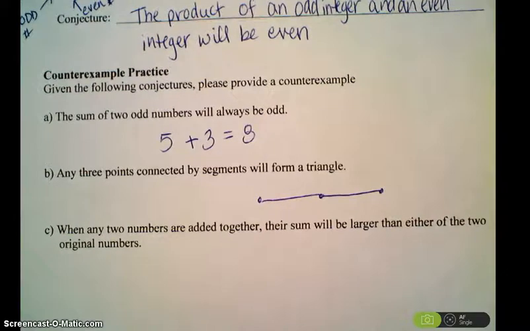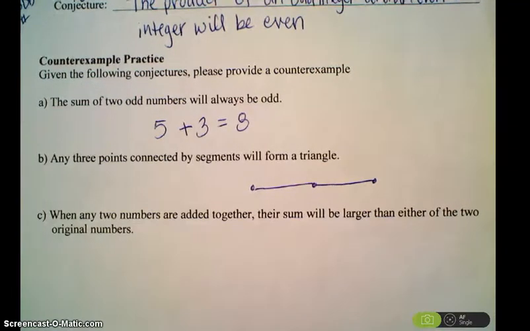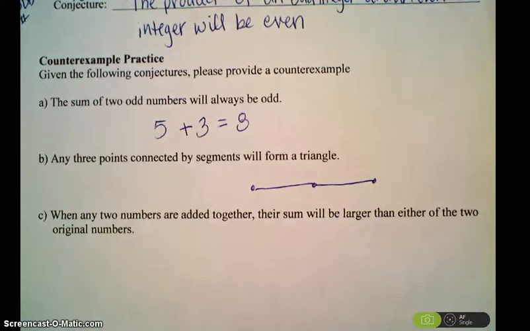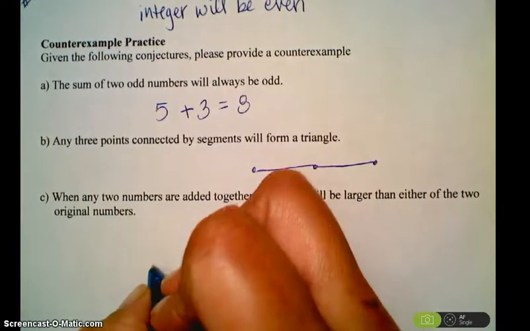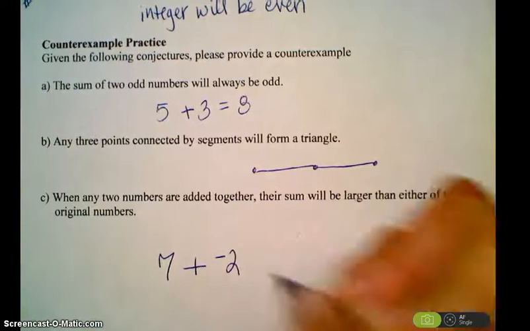All right, the last counterexample practice problem. When any two numbers are added together, their sum will be larger than either of the two original numbers. Okay, stop the video, try it. All right, you're back. So one possibility would be 7 plus -2.